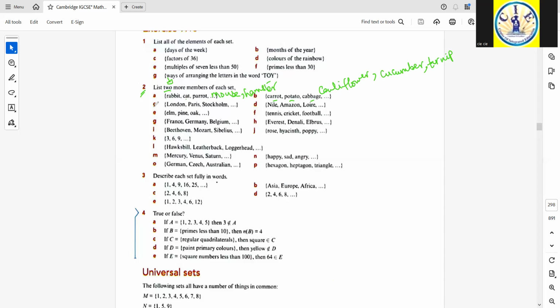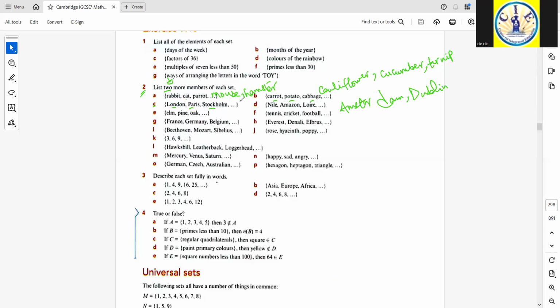Then, in the same way, in part C, we have these cities: London, Paris, Stockholm. We can also have two more like Amsterdam or Dublin.